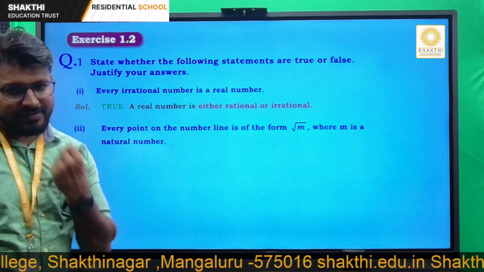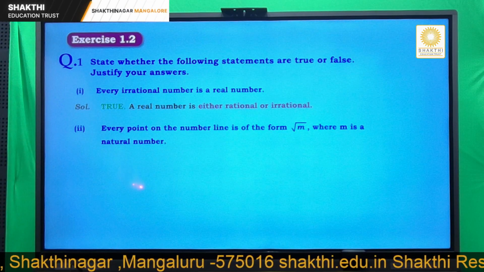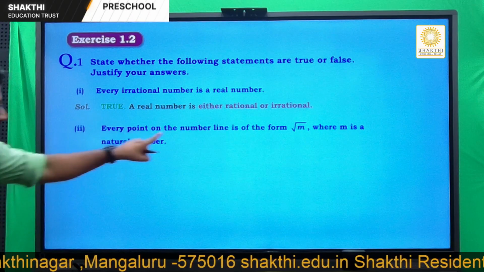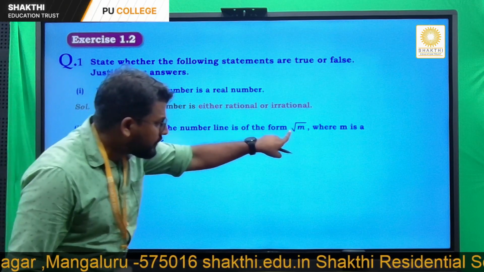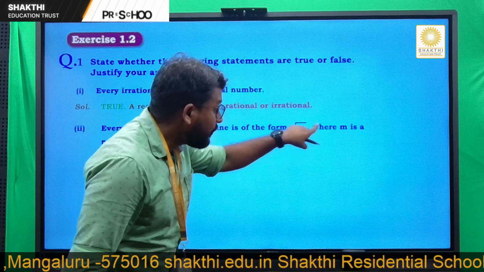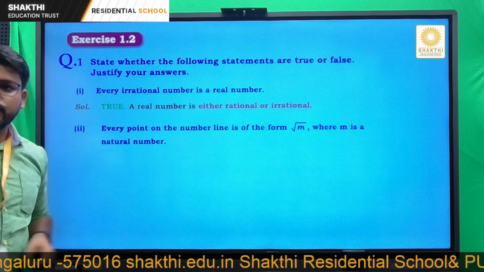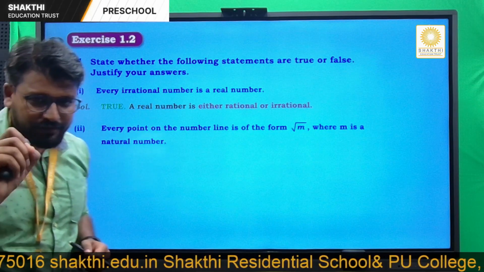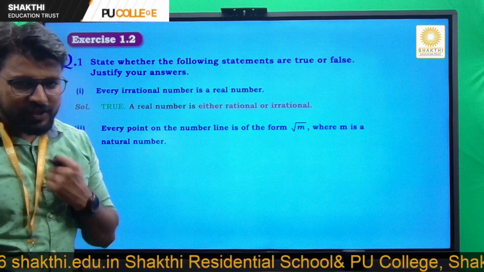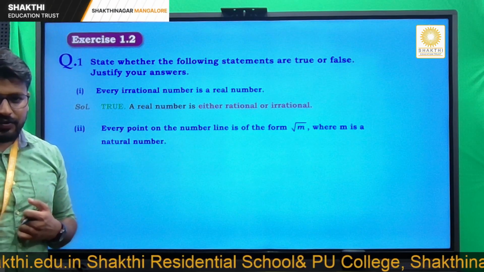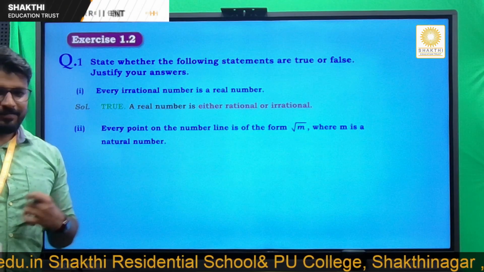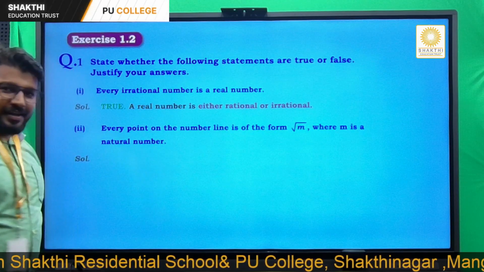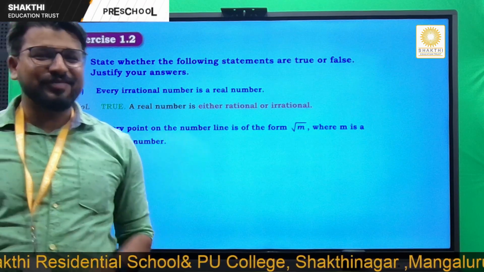Let's see this question: every point on the number line is of the form root m, where m is a natural number. Take your time, pause the video for 2 seconds and check whether your answer is true or false. Some of them got it wrong, some got confused.